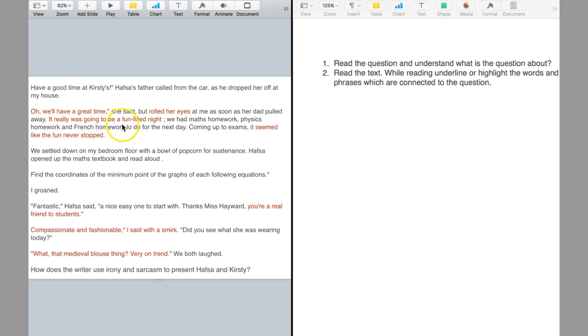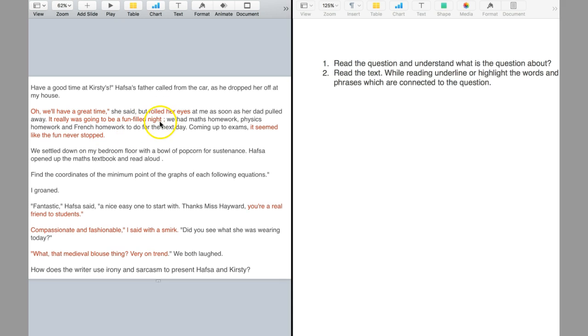It really was going to be a fun-filled night. I want you to see here there is a semicolon. It's very important. After that, we had maths homework, physics homework and French homework to do for the next day. Coming up to exams, it seemed like the fun never stopped. So where can we notice the sarcasm explicitly?